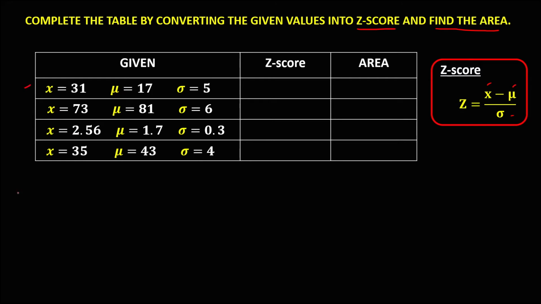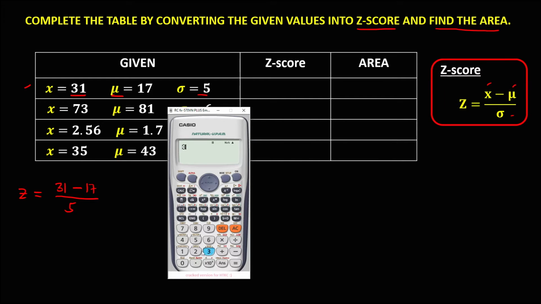So for this given, to convert the score to z-score, we have the x value is 31 minus the mean 17, then divide by the standard deviation, that's 5. So we have 31 minus 17 equals, then divide by 5.